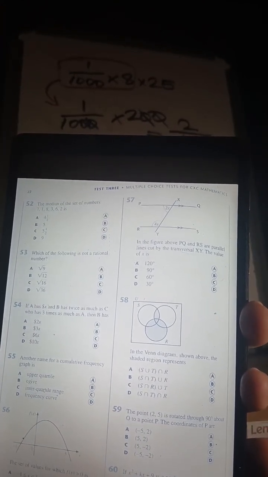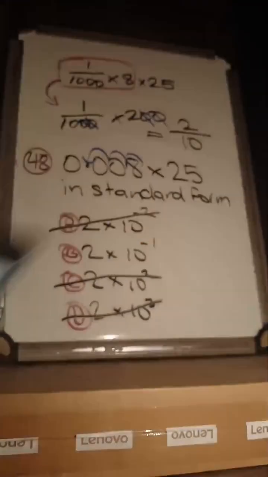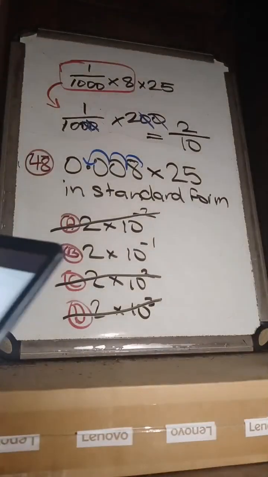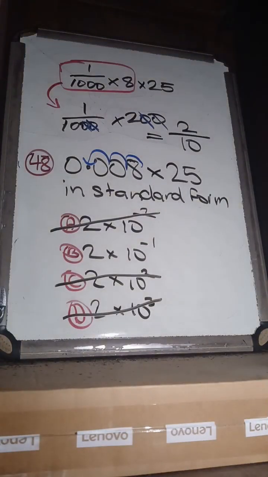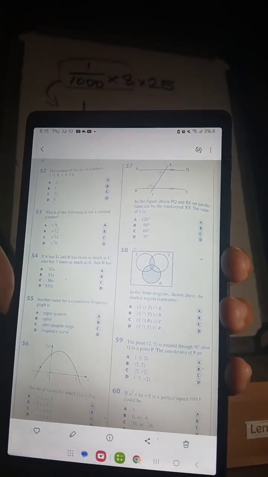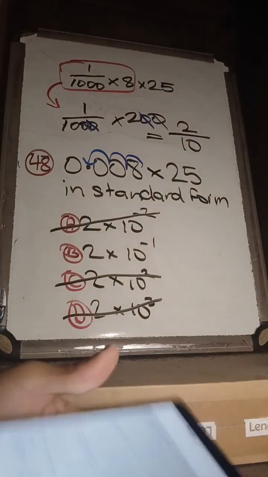When I come back, I do all of this, and by the time we're done, the next thing would be test number 4. So the aim is to finish all of test 3 and do that when I get back. So that's what I'm going to do.